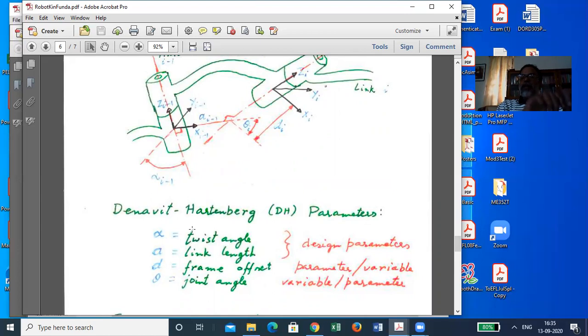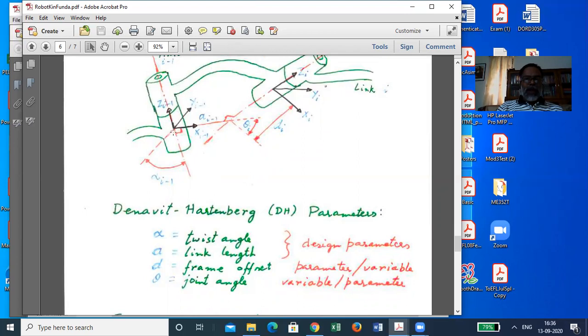Because if the links were such that the two axes were parallel, then you would not need this. It will be straight and parallel. Now, whether through a curve or an angular kind of link shape you achieve this inclination between the two axes, it's up to you. Whatever way you do it, it's a twist. If the twist angle is 0, then the two axes are parallel. The link goes straight.